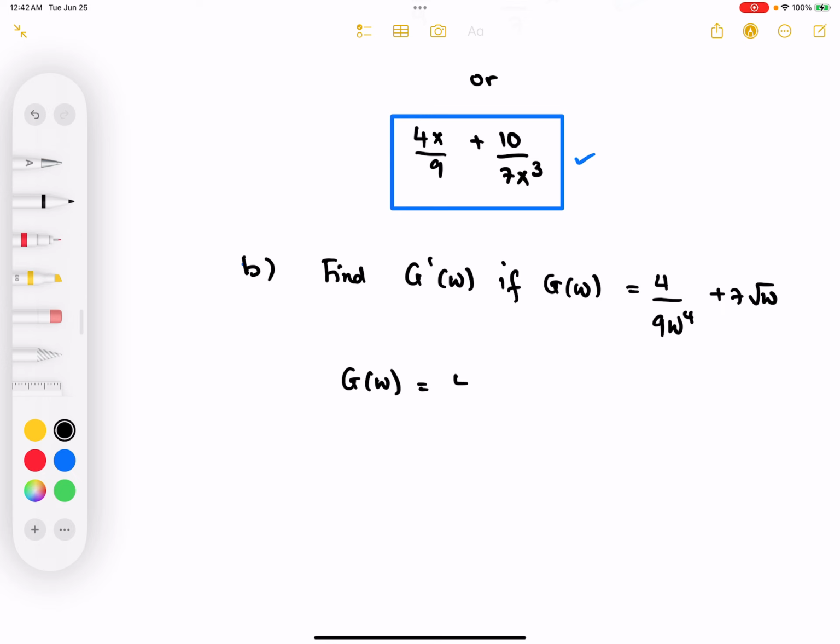Now 4 over 9 W to the negative 4 as a power form plus the radical 7 W to the 1 over 2.